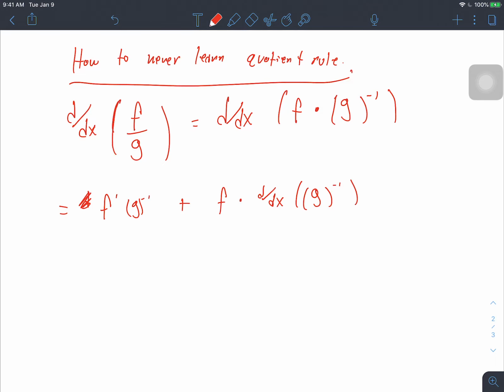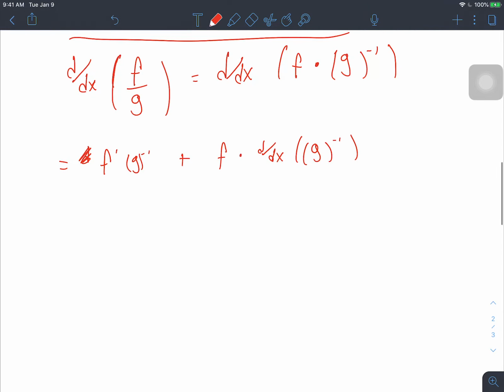Okay? Rewriting a little bit, I'll get f prime over g plus f times, what should the derivative of g to the -1st power be?